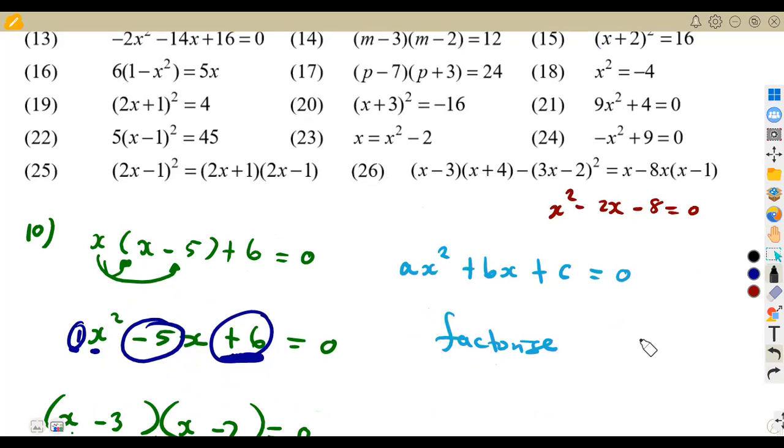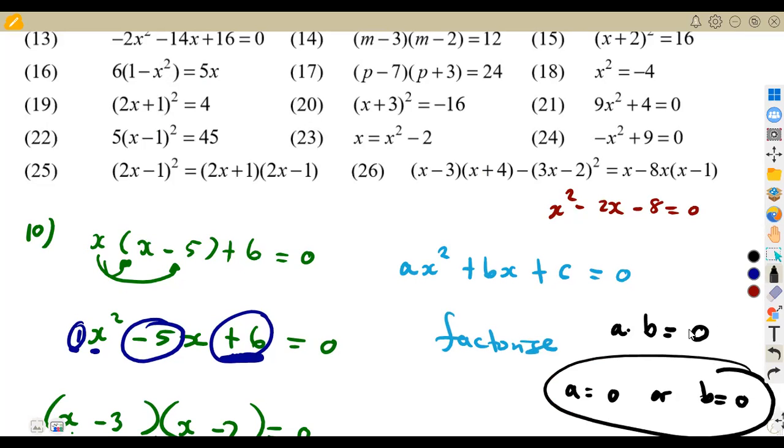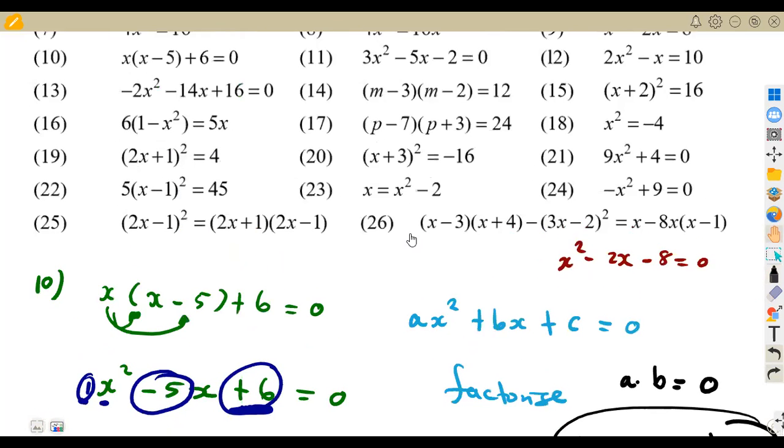One of those brackets must be equal to 0. From the concept a times b equal to 0, it means either a must be equal to 0 or b must be equal to 0. That is the only way for us to get a 0. One of these two terms must be 0.